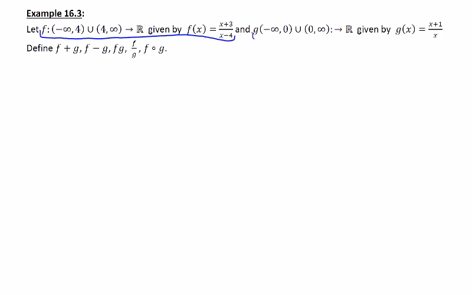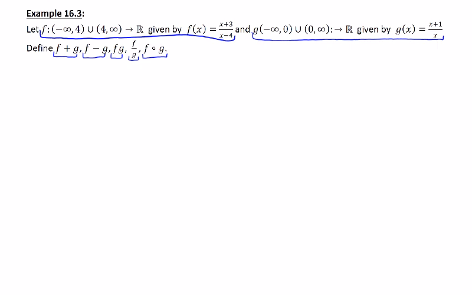And g is also given to us by x plus 1 over x, with a domain restriction of 0. And we have 5 things that we're trying to define in this problem: f plus g, f minus g, f times g, f divided by g, and f composed with g.